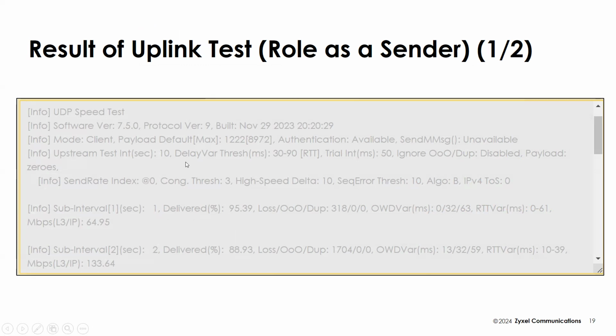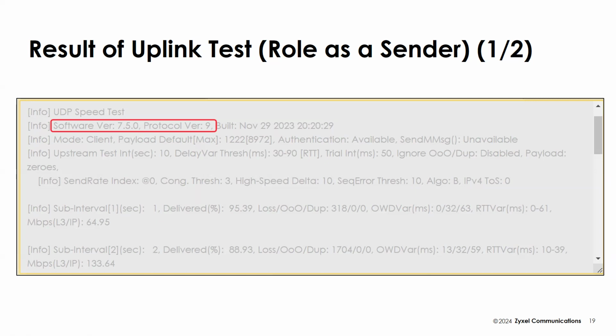For example, the first one is that we can see the version of TR471 being used on the CPE devices. And please note that the version running on the sender and the receiver has to be the same. Otherwise, the test cannot be processed.